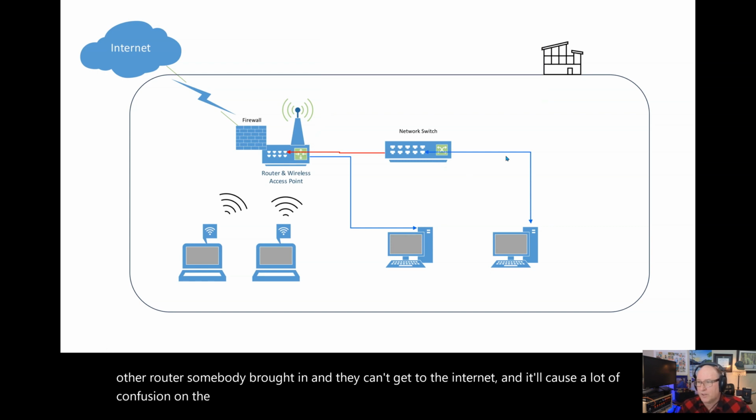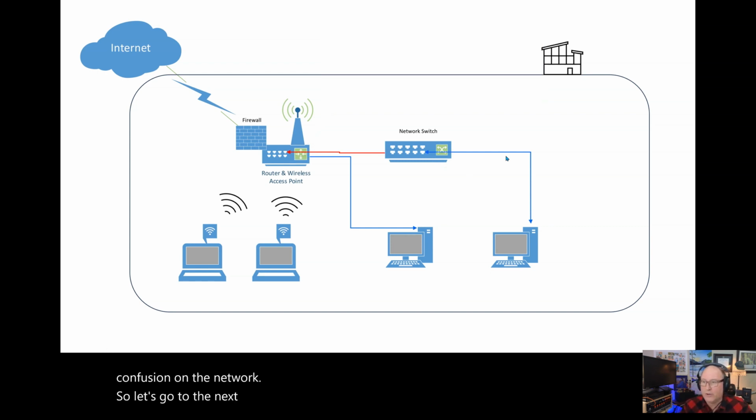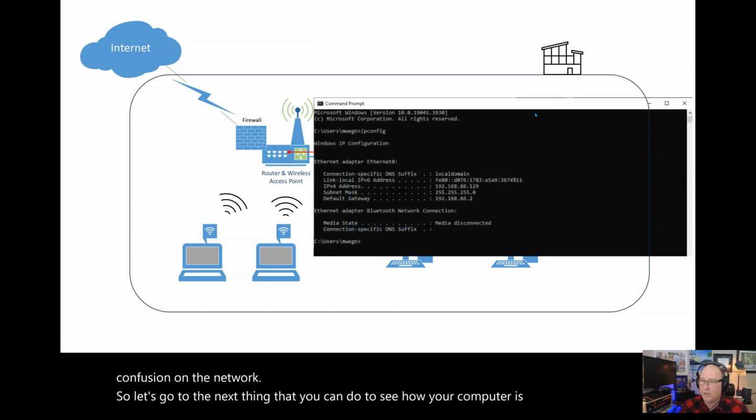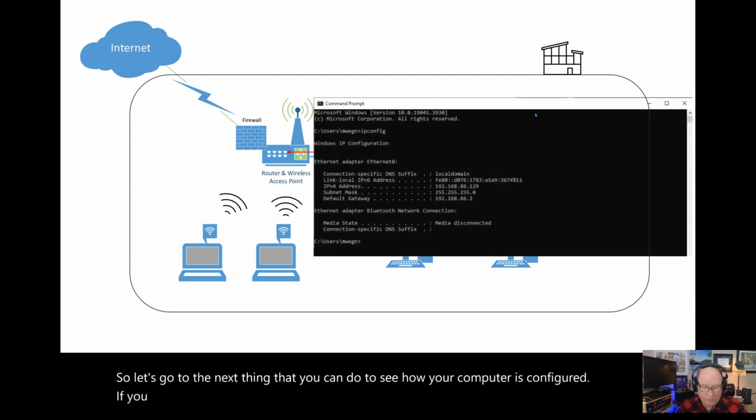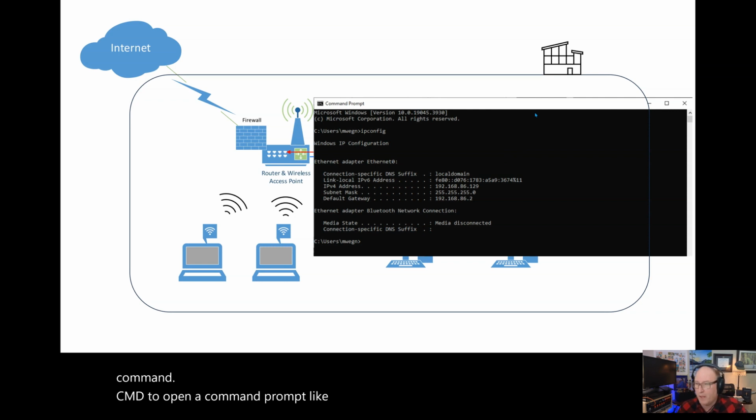So let's go to the next thing that you can do to see how your computer is configured. If you type C, M, D, I think we've done that a few times, you'll run a command, CMD, to open a command prompt like this on your Windows computer. Macintoshes have this too, but we'll focus on Windows.